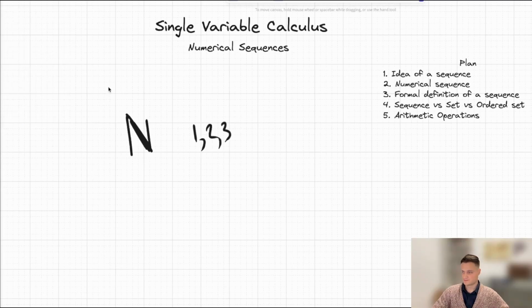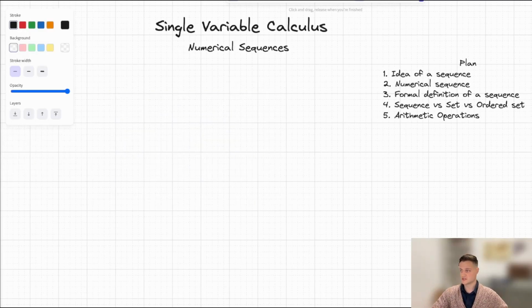So let's proceed and go to a very important comparison of the sequence with set and ordered set. We previously discussed sets in a function definition video, and a set is a collection of distinct or unique elements where order and duplicates do not matter.